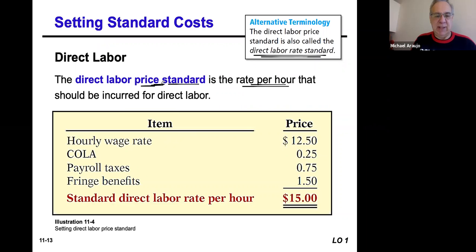So instead of price, they use rate, and this is per hour. So you have an hourly rate, plus you might have a few other costs for the employer, cost of living, payroll tax, any fringe benefits they pay, and they get a standard direct labor rate of $15 per hour. That's the rate.